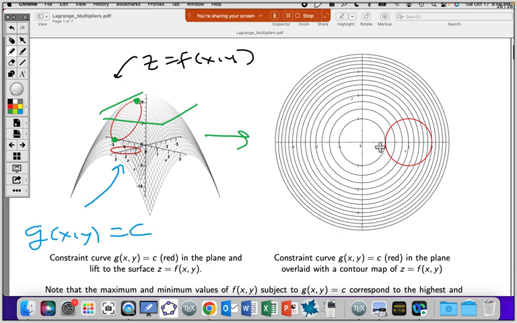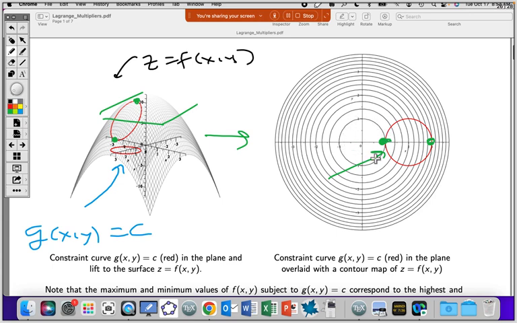And so the biggest and smallest z values in this particular case, they're going to happen here and here. This is when the contours of f just touch the contour g. This is the first time they touch, so this, in this particular case, since the function is decreasing as we move out, this is going to be the innermost contour.